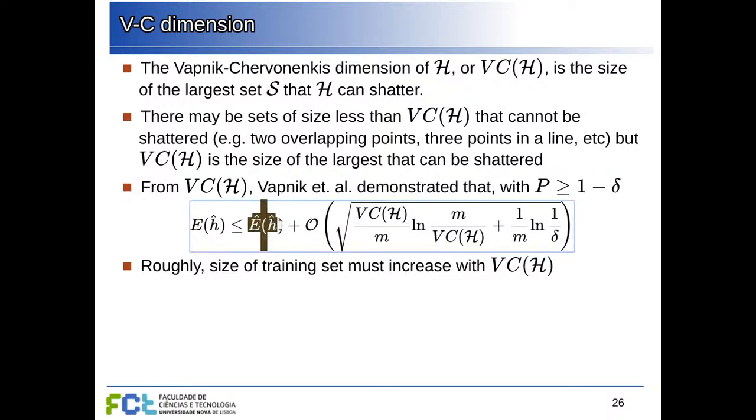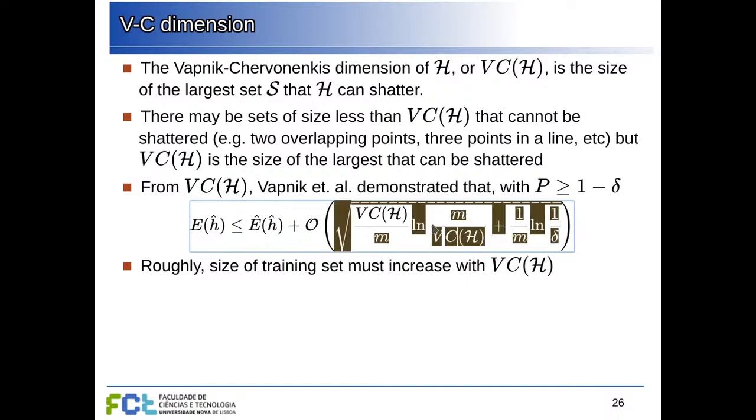It's the training error of our hypothesis plus a term on the order of this large expression here, but basically it's the VC dimension divided by m and then the logarithm and so on. So you have this m coming up here, dividing this.